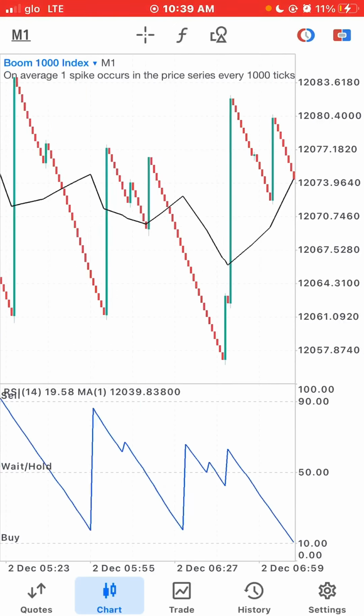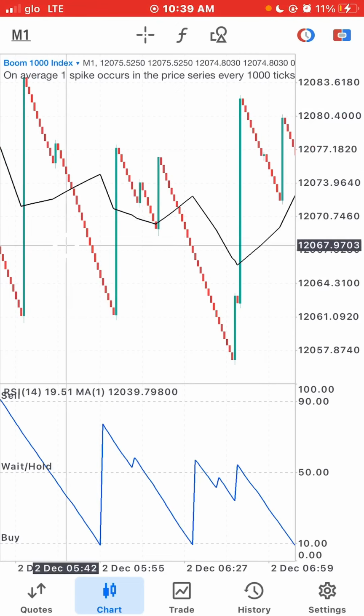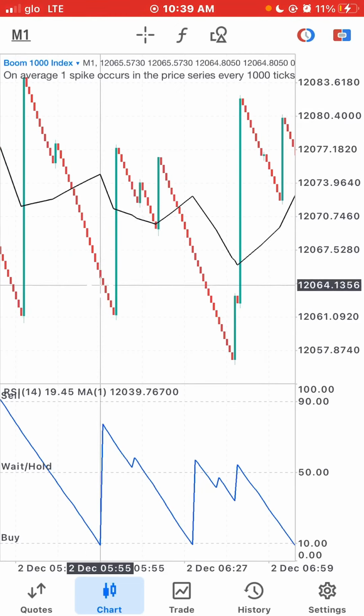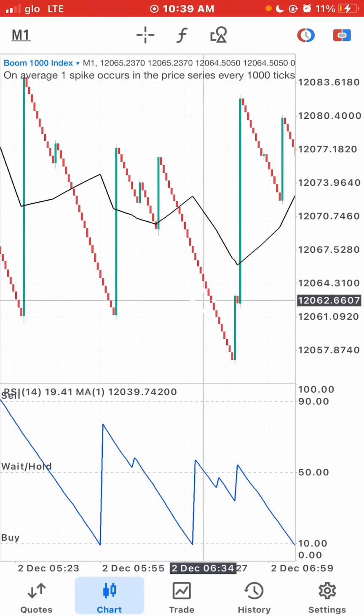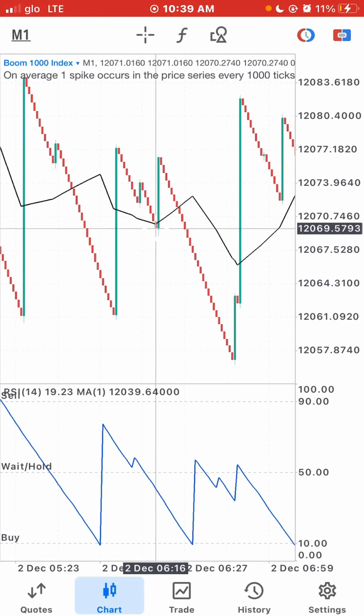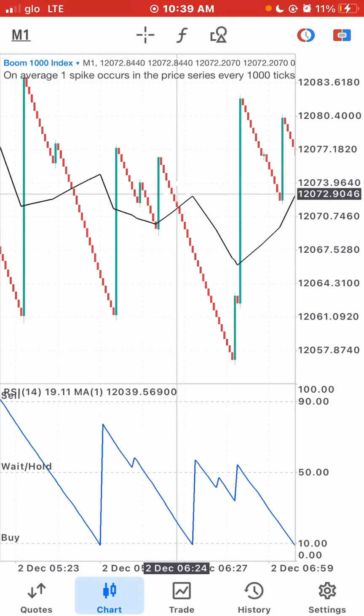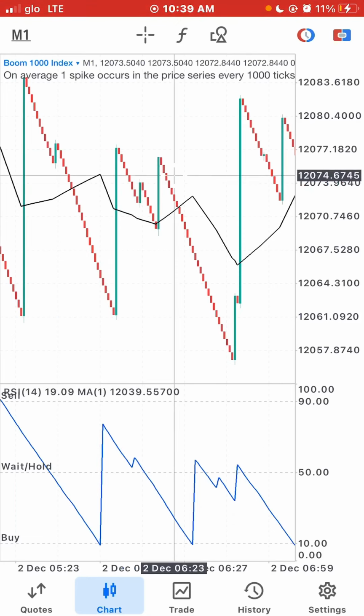Now look at what happened here. The market spiked, and it gave us 10 candles here. The market also gave us 10 candles here. But here the first candle closed, the second candle did not close, and it spiked upward. Why are we not going to take trade in this kind of scenario?